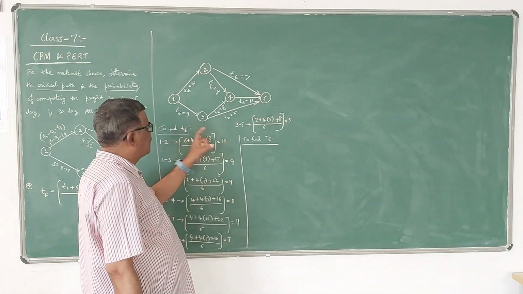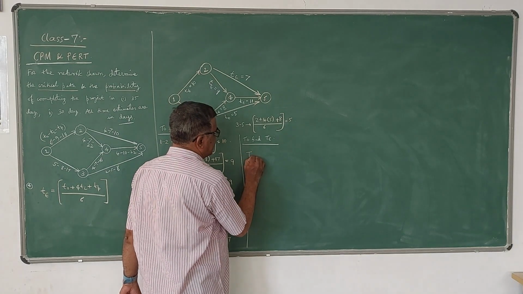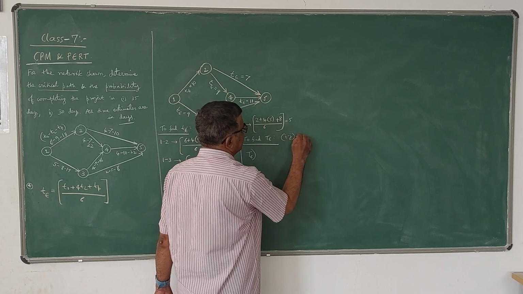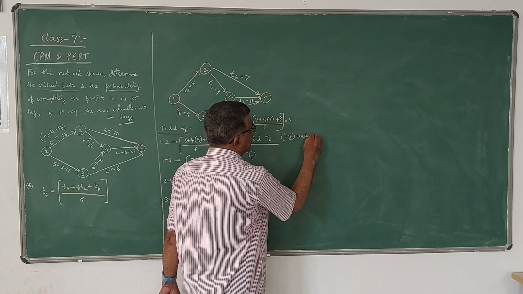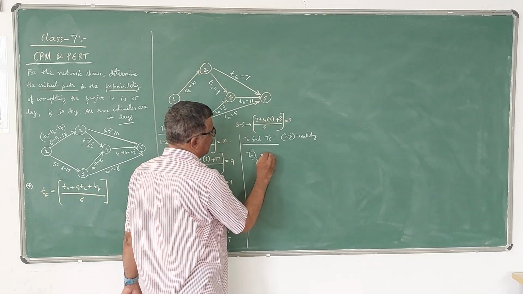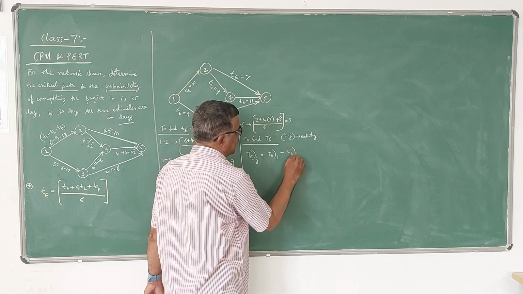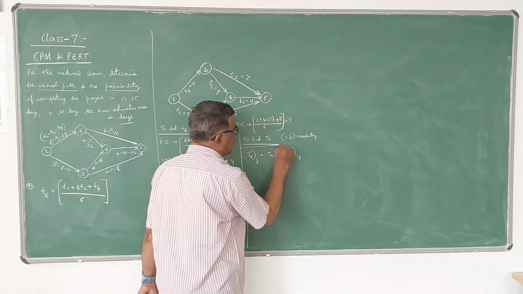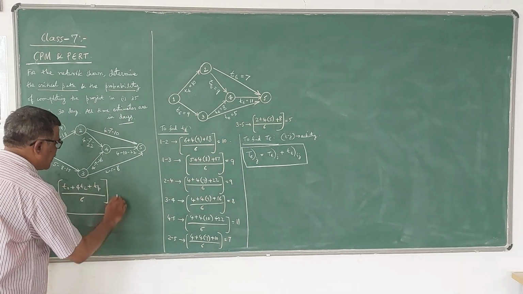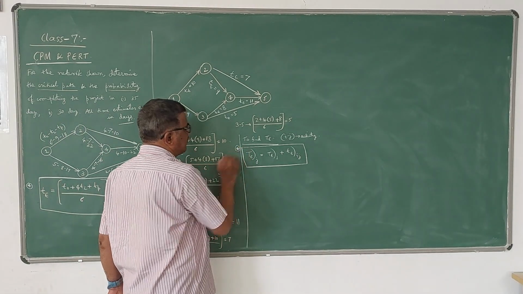It is given by, if ij is the activity, then TEj will be equal to TEi plus small teij. So this is the formula we are going to use. So the first formula is this, the second formula is this, to calculate capital T.